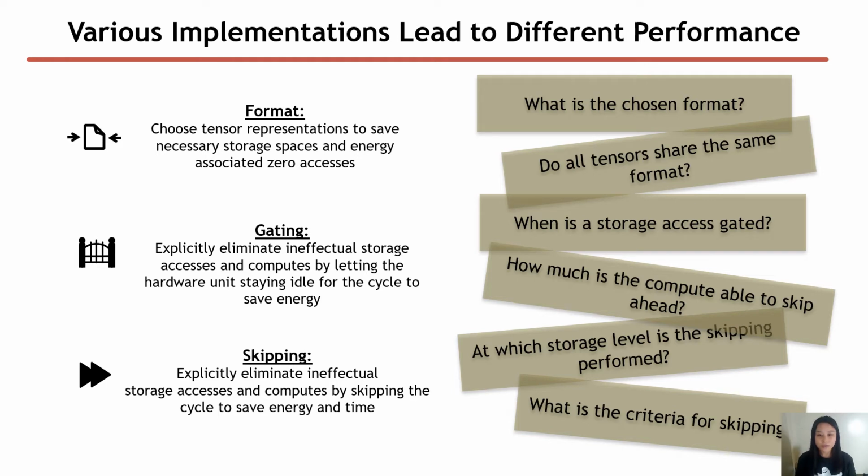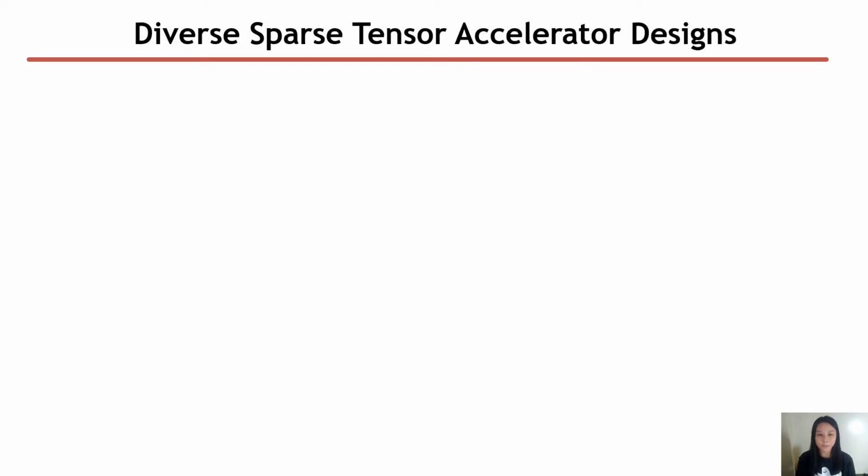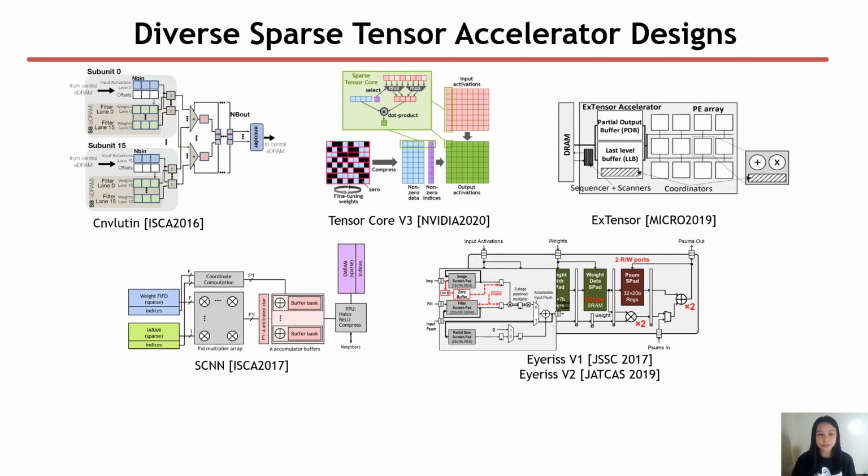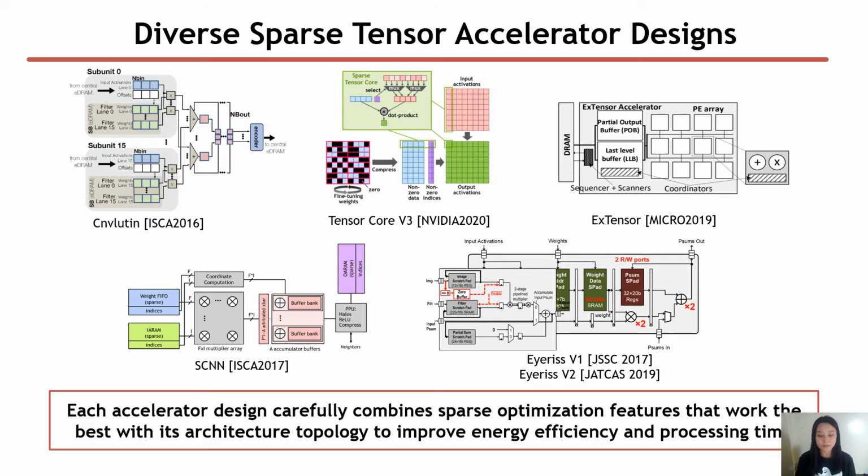A lot of sparse tensor accelerator hardware has been proposed, and their hardware architectures are very diverse. Let's look at some examples here in the figure. You can already see that both the architecture topology and the sparse optimizations applied are very different from one to another among these designs.